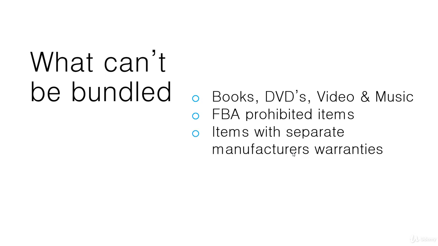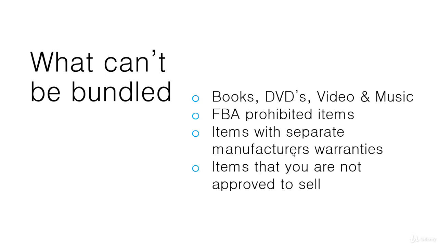Items with separate manufacturer's warranties. So for example, if you were bundling, say electronics or something like that, and each of those items in the bundle had separate manufacturer's warranties. So there were different brands with different manufacturer's warranties. You can't do that. You can't bundle items like that together. And items that you are not approved to sell.